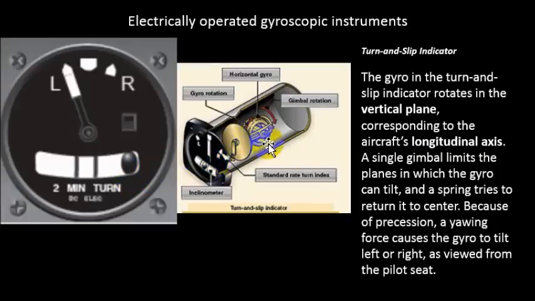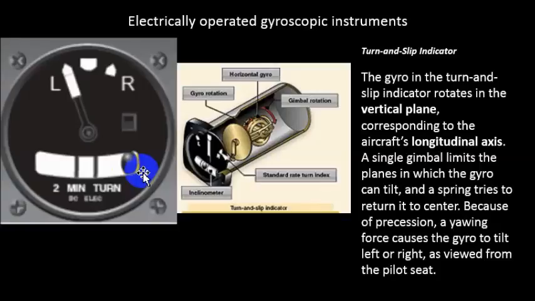The gyro in here is vertical, and it just resists, it senses the yawing forces. There's a restraining spring in there, and we have an inclinometer there that tells us whether our turn is coordinated, and we'll go into detail with that.